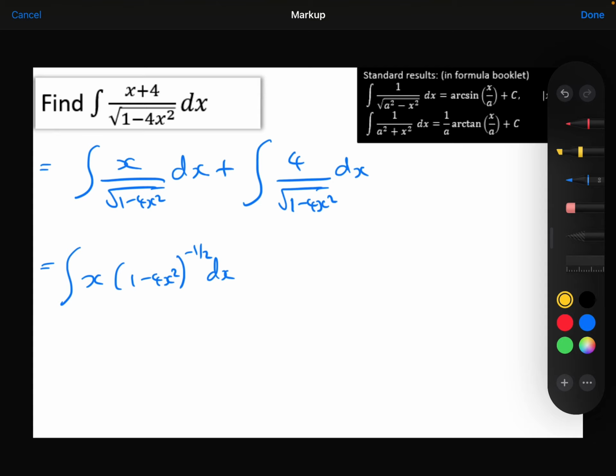When I look at the inside here, the derivative of that is minus 8x, which is good. I can get a minus 8x as long as I have a minus 1/8 at the front of that integral. That will allow me to ignore the derivative completely.